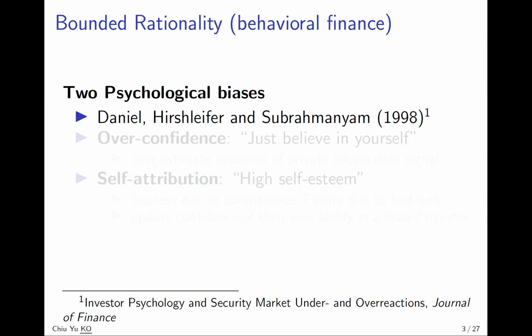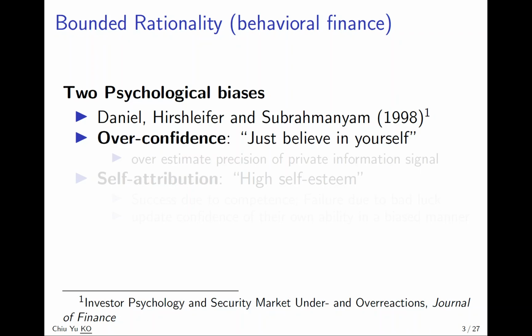So what are they? We are trying to use psychological bias. So we'll study a paper in 1998 by Daniel and his co-authors on overconfidence and self-attribution. Overconfidence means that one believes in himself more than objectively he should.